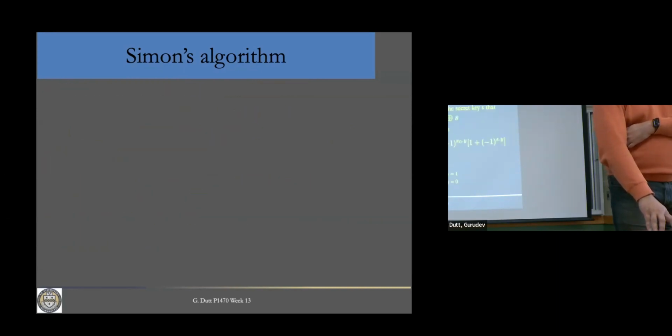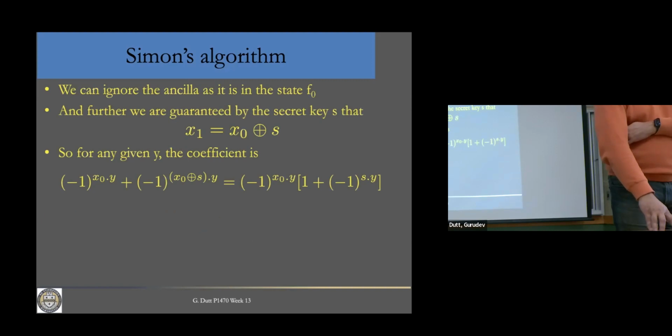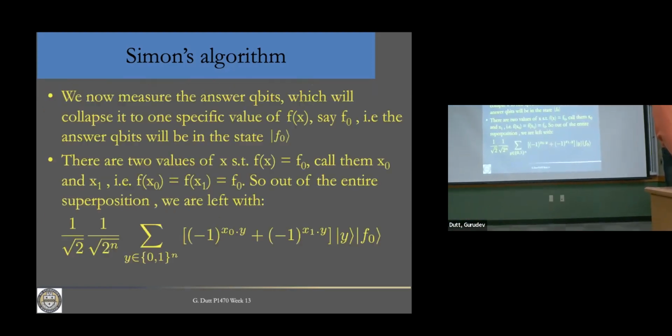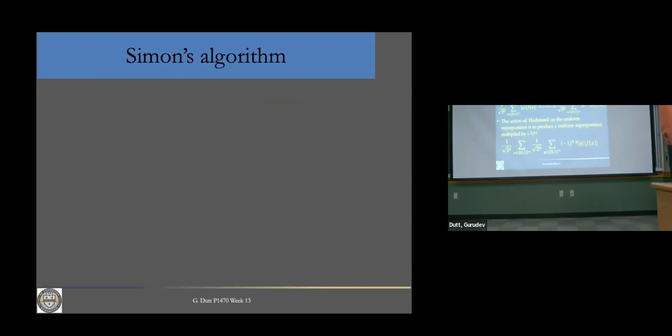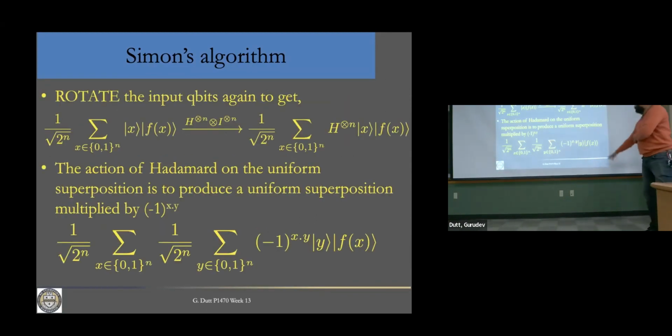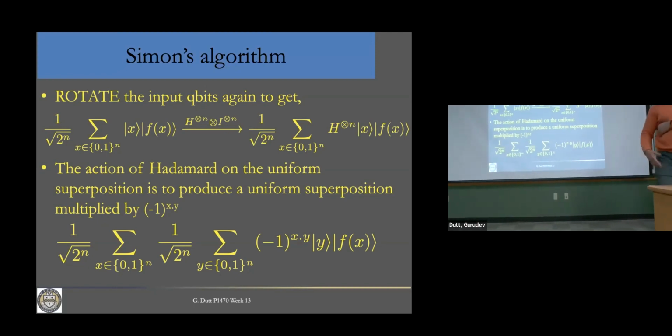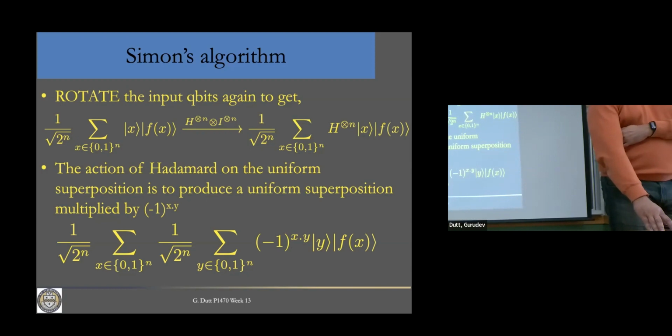I guess the trickiest part is understanding, going from here. Hopefully this step was clear up to this part here. And then after that, it's a bunch of reasoning about what the possible values are for the superposition.